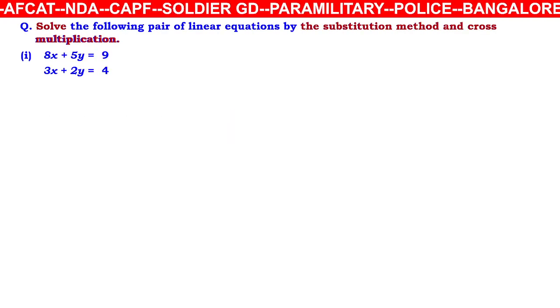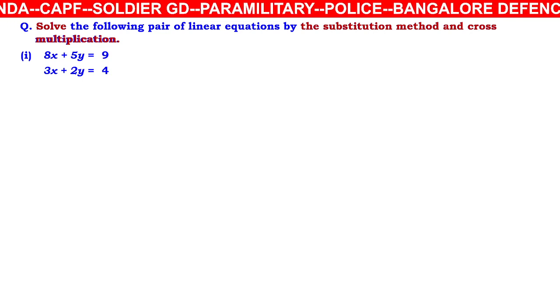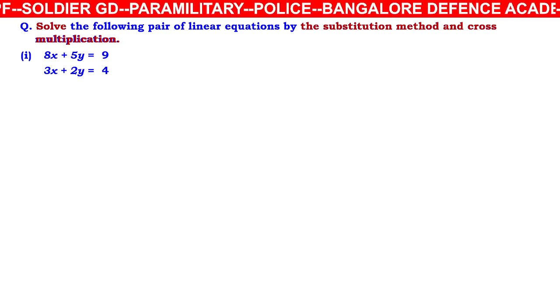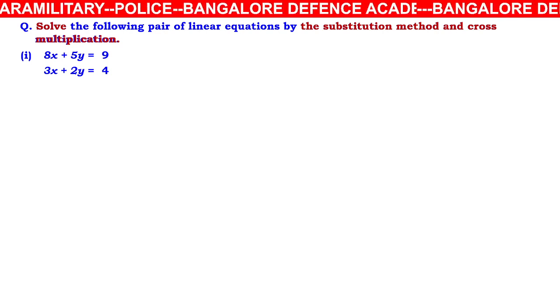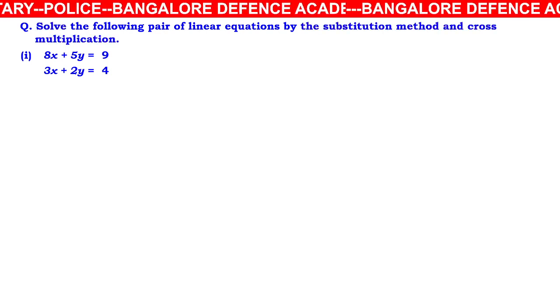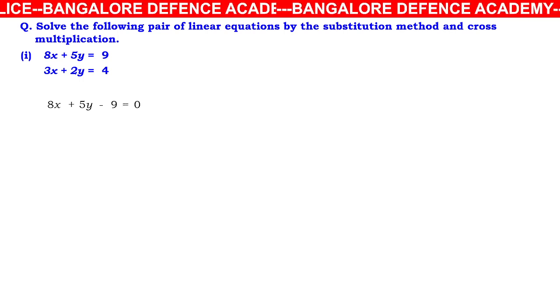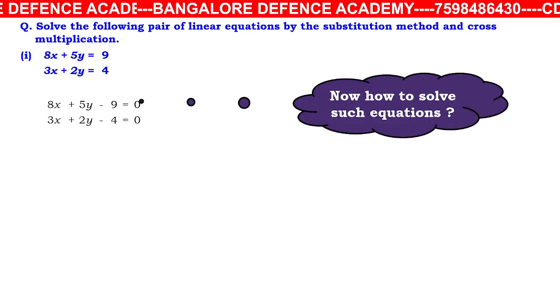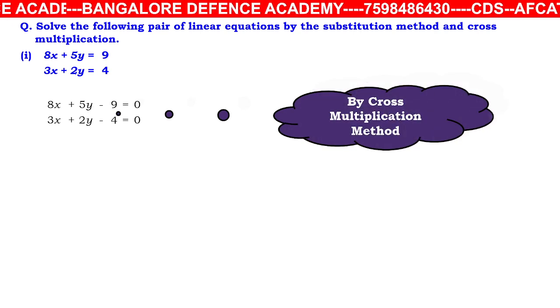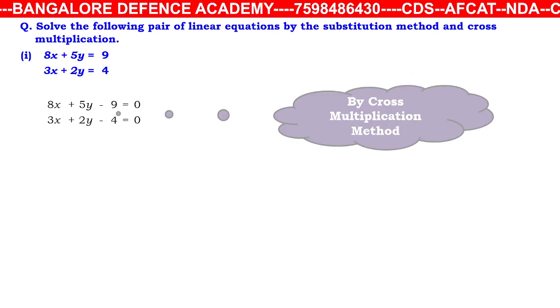Imagine you have two equations, 8x plus 5y is equal to 9 and 3x plus 2y is equal to 4. First you have to check the values of a1, b1, c1, and then a2, b2 and c2. So here you have the first equation. How do we solve this kind of equation with the cross multiplication method?